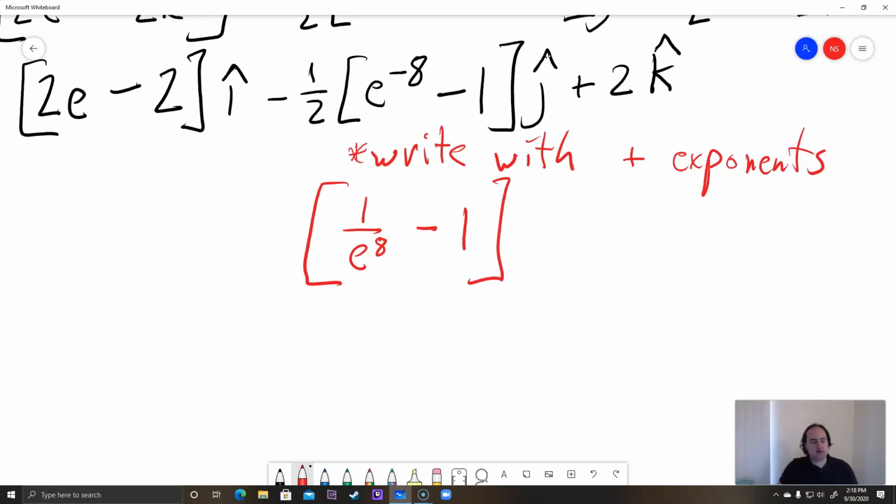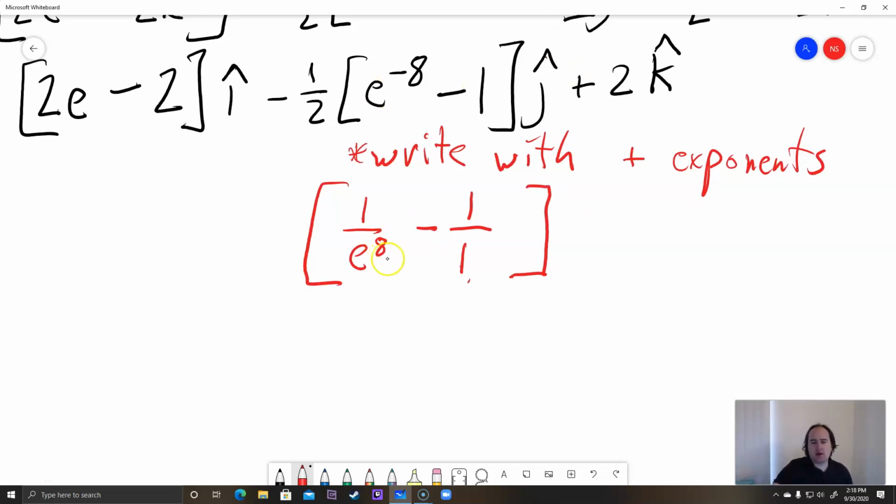Okay, so what they want you to do here is they actually want you to build it to a common denominator. Okay, so remember the second term, negative 1, is the same as negative 1 over 1. And then we can multiply that second term by what we're missing.